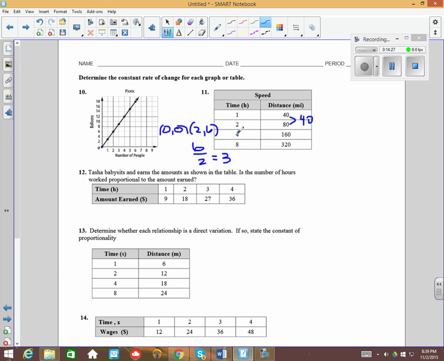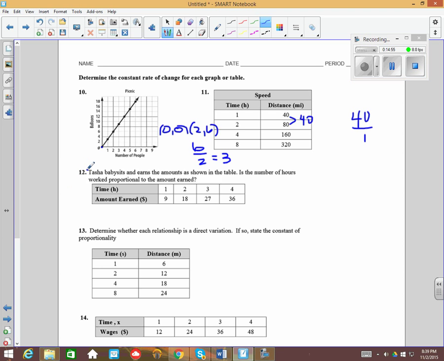If you notice, some of the numbers are left out on the time, so be sure to pay close attention to that when you're doing your problems. For this constant rate of change, the change in y over the change in x is 40 over 1. So the y has changed 40.